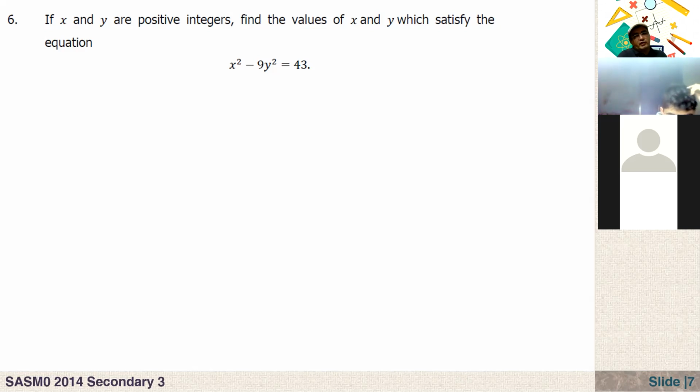We did a similar one, right, Musa? Do you remember? How do you solve this question? First of all, remember, on the right-hand side, we have 43, and it is a prime number. The only way we can write a prime number is 1 times 43 or 43 times 1. We don't have any other options because we are talking about positive integers.